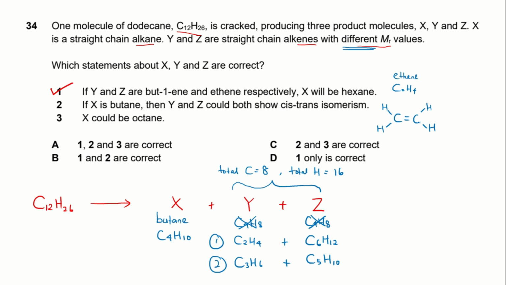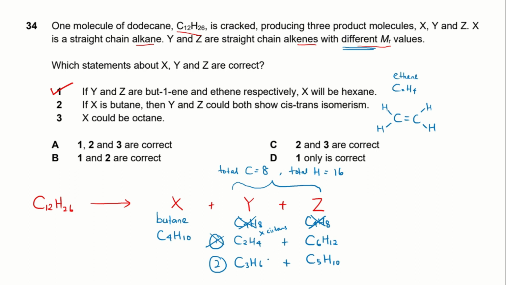In ethene, every carbon is bonded to 2 hydrogen atoms, which are the same type of atoms. So ethene will not show cis-trans isomerism. So we do not need to check the cis-trans isomerism in C6H12, because statement 2 says that both Y and Z show cis-trans isomerism. As long as one of them doesn't show cis-trans isomerism, statement 2 is incorrect.